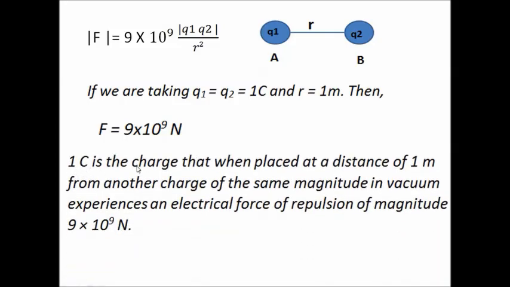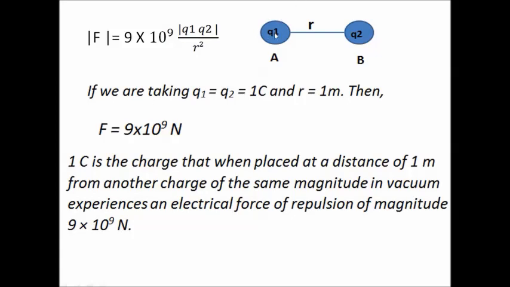From this, we can give a general definition for 1 Coulomb. 1 Coulomb is the charge that when placed at a distance of 1 meter from another charge of the same magnitude in vacuum experiences an electrical force of repulsion of magnitude 9 into 10 raised to 9 Newton.